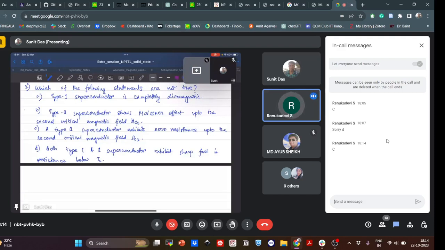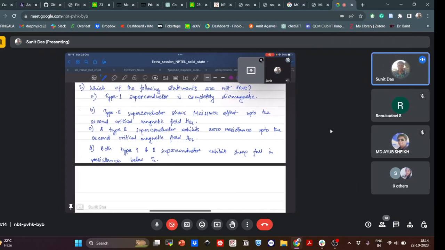Sir, option C or D, sir? Option B is correct. See, zero resistance means in experiment you can never achieve that zero resistance. It becomes beyond measurement. The measurement instrument has some limiting precision, right?